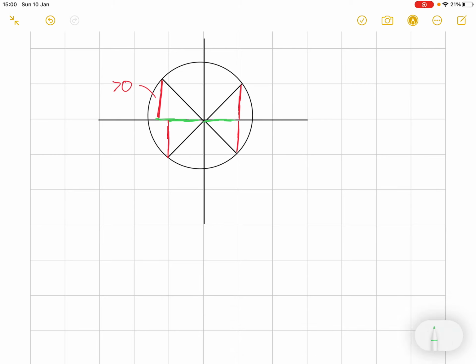However, this green line is less than 0 because, as you can see, it's to the left of the y-axis.